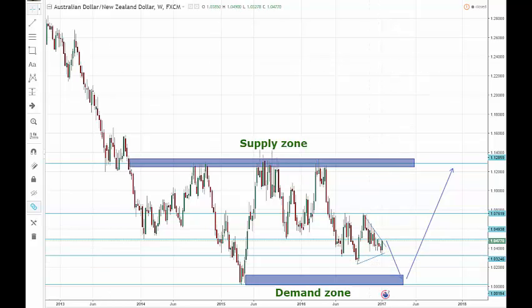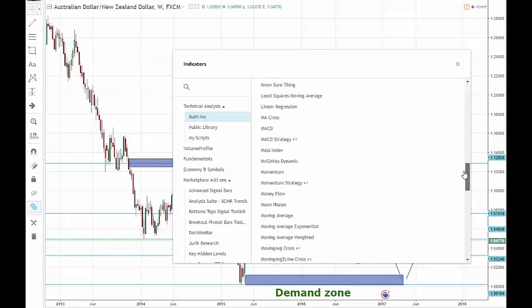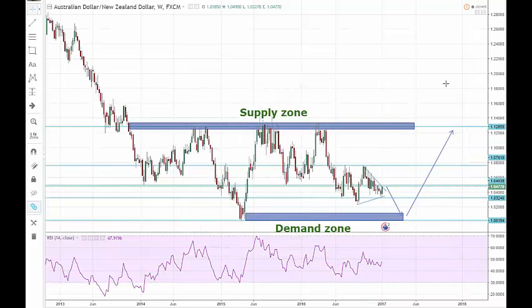I don't want to get into the technicals, into the indicators that much today, but if we use a relative strength index, we see that price is actually pretty much doing what the relative strength index is saying. We see some divergence, so that's interesting. I put this on.